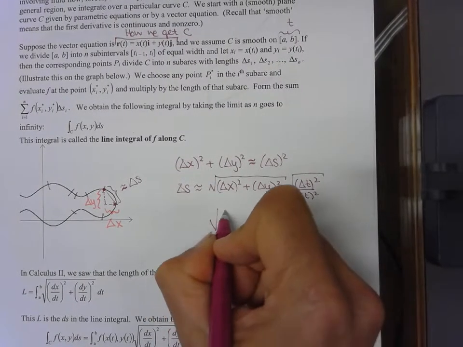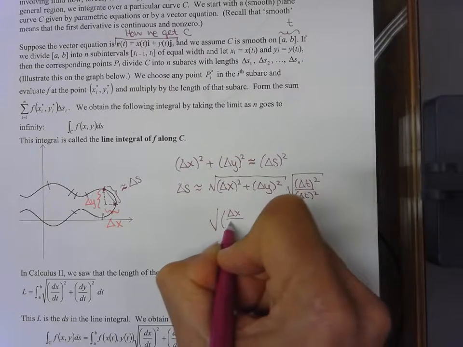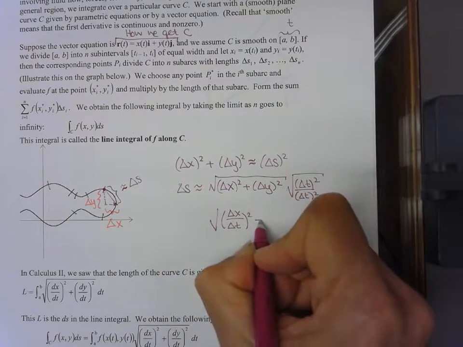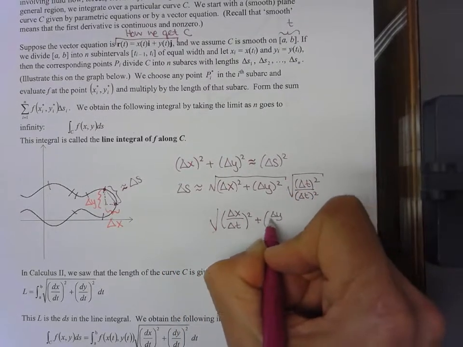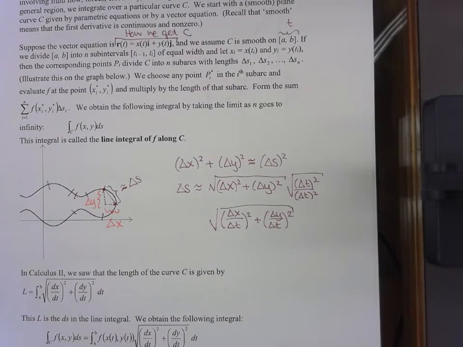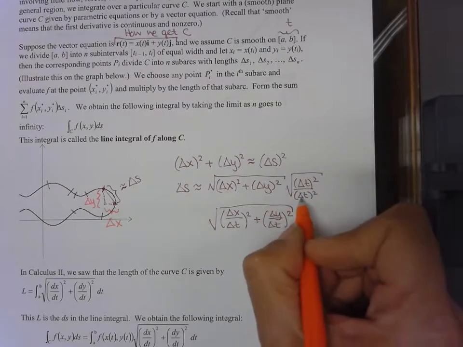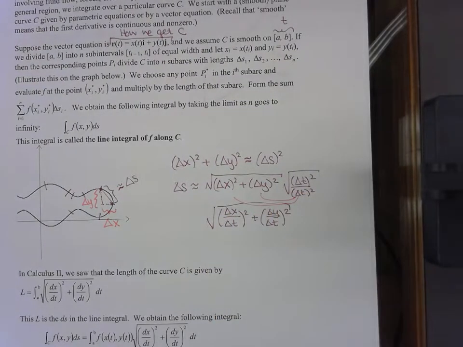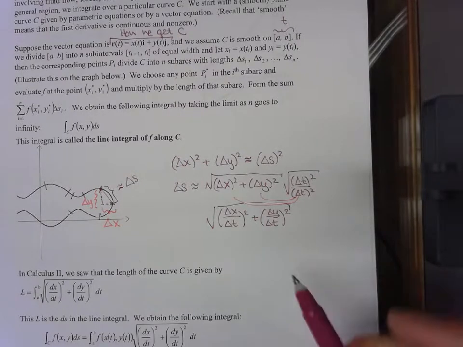And so I would get delta x over delta t squared plus delta y over delta t squared, but then leave the one in the numerator. So this one got distributed in, but leave the one in the numerator, and the square root of delta t squared is just delta t.